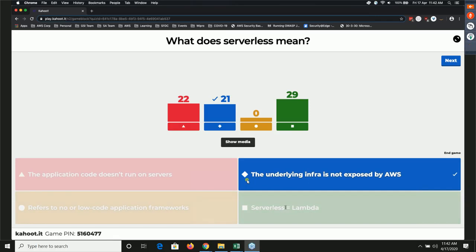Lambda is the compute part of serverless, and it's been a lot of what we're talking about. But any service that does not expose infra to you, think of when you're using a cloud service as an API, think of that as serverless. Okay, awesome. Let's move on.